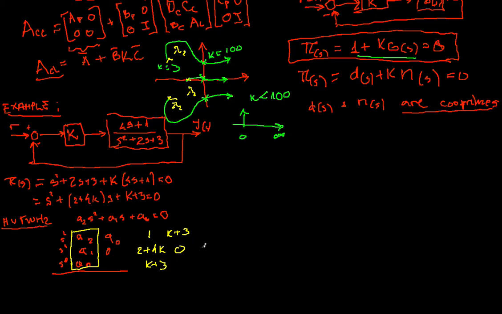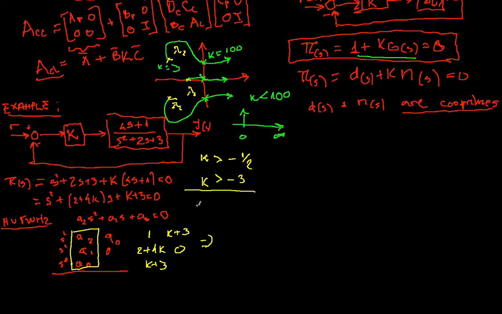Okay, this implies that we will have k greater than -1 by half and k greater than -3.